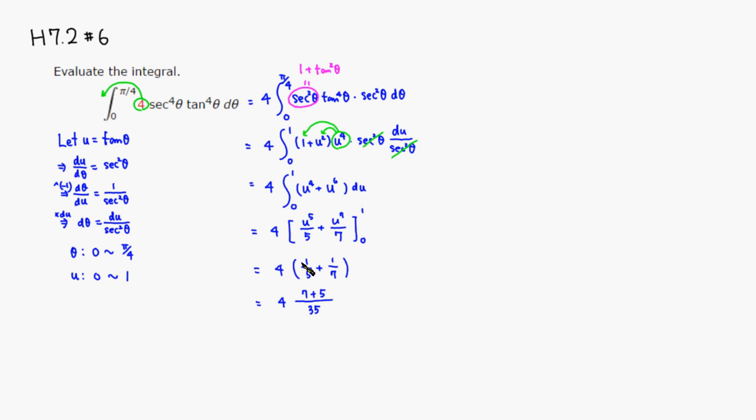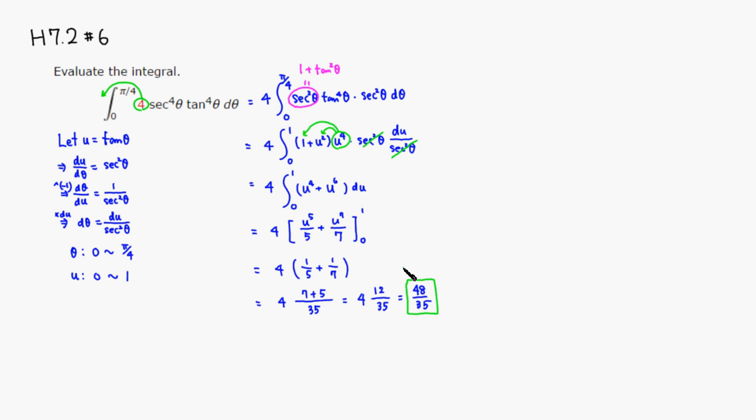So this is going to be 4 times 12 over 35. So this is 48 over 35. And that's the value of the definite integral.